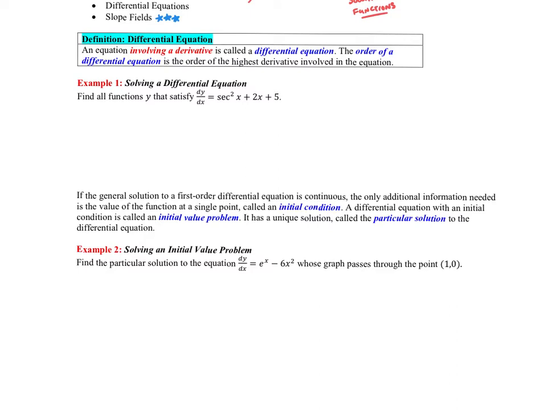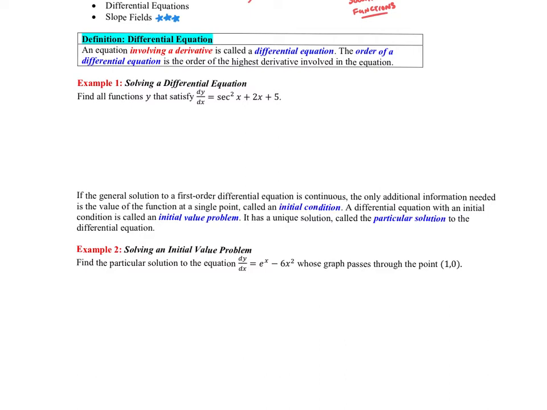So let's take example 1 and example 2 and find an algebraic method to find the solution to a differential equation. So we've actually seen some of this before. It says find all functions y that satisfy dy dx equals secant squared x plus 2x plus 5.